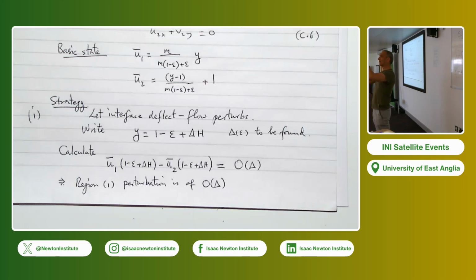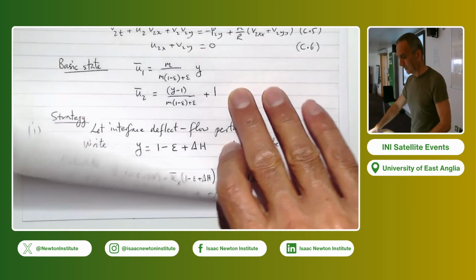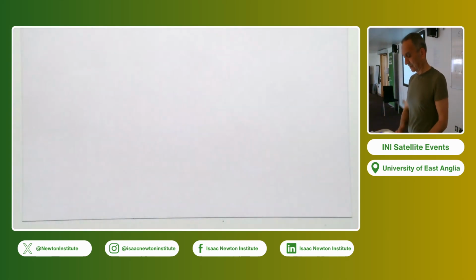But if I deflect and I look at exactly these fields, then they jump by order delta. So that means the moment there's a deflection of order delta, there will be some velocity disparity in the two layers of order big delta. Okay? So, what happens next?